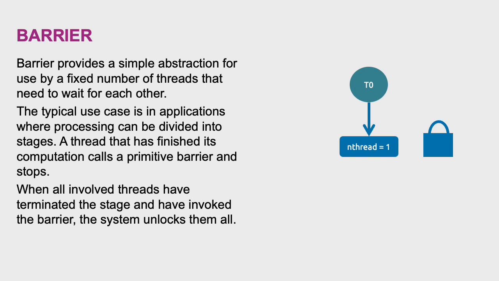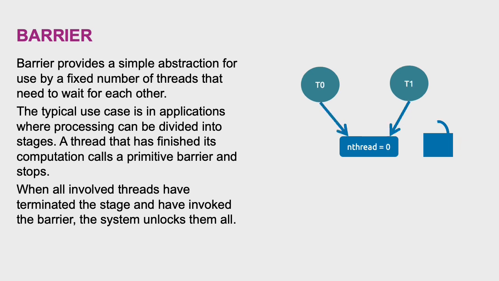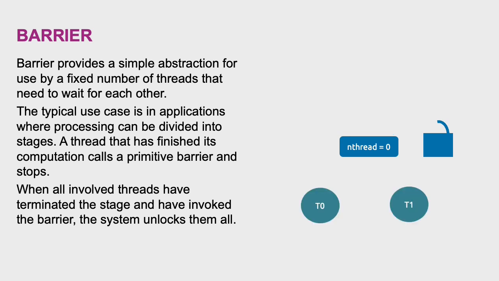The lock is still closed. Then thread T1 approaches the barrier and accesses the barrier. So we decrease the variable n_thread, and now we can finally open the lock.